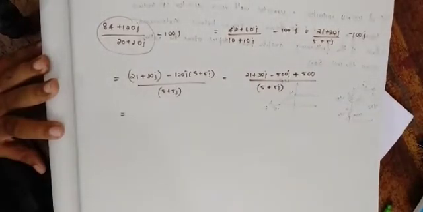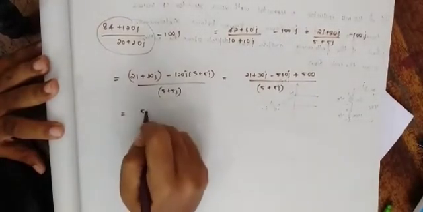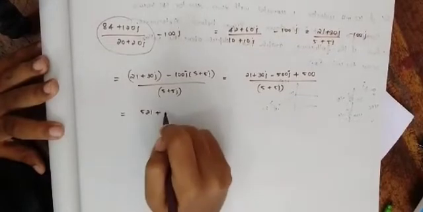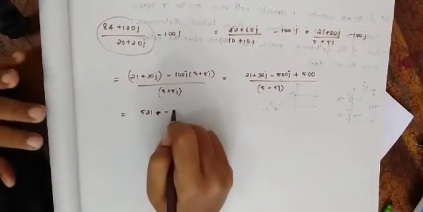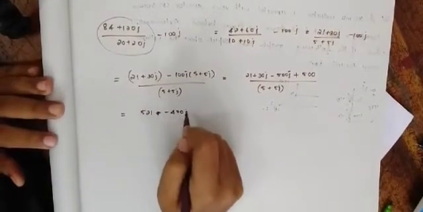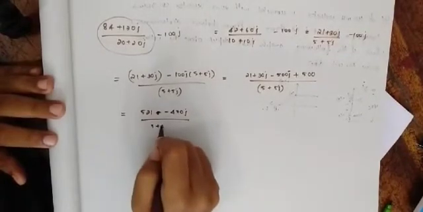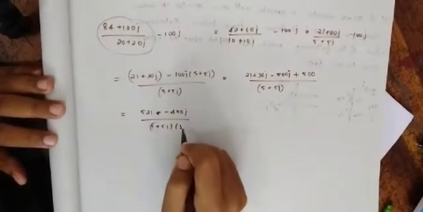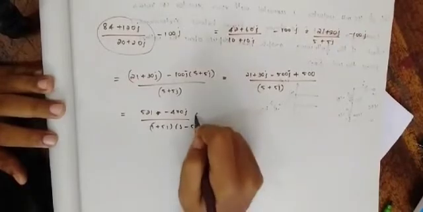So it will be 521 minus 470j divided by 5 plus 5j. Now I will rationalize it. We will get 5 minus 5j.